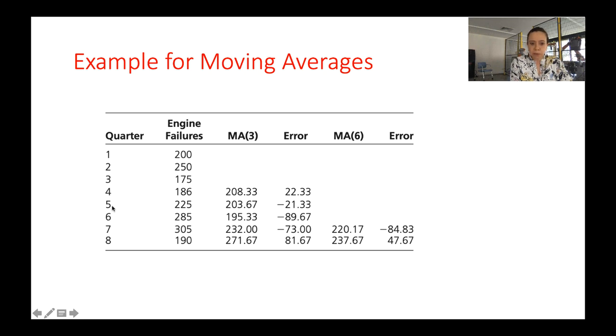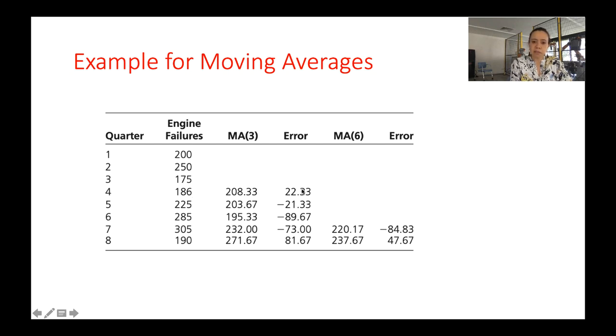And for period 5, again we use the most recent 3 observations. So in this case, we disregard the data of the first quarter and only take the data belonging to quarters 2, 3, and 4 and take the average of these 3 observations and obtain our forecast.